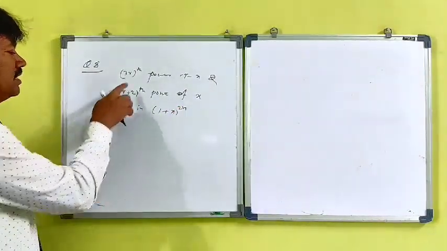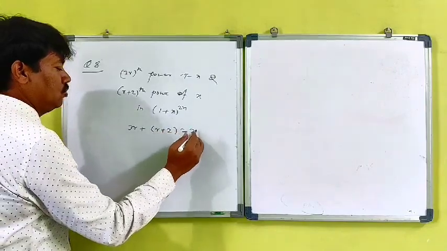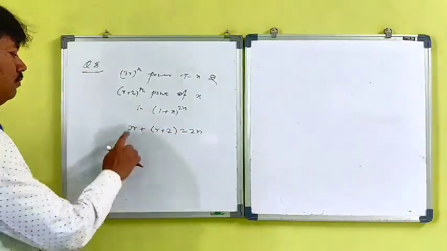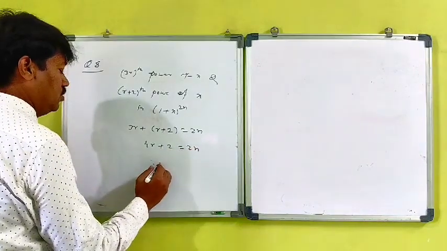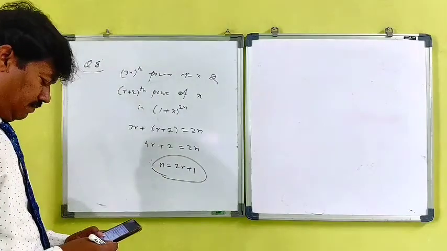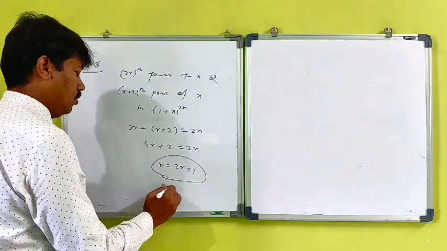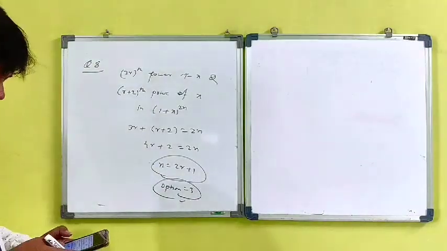Therefore, what we can say, this and this, we can simply add it, is equal to 2n. That is 4r plus 2 is equal to 2n. So n is equal to what? 2r plus 1. So that's the option. 2r plus 1. Option is option number 3. That's the correct answer for this sum.